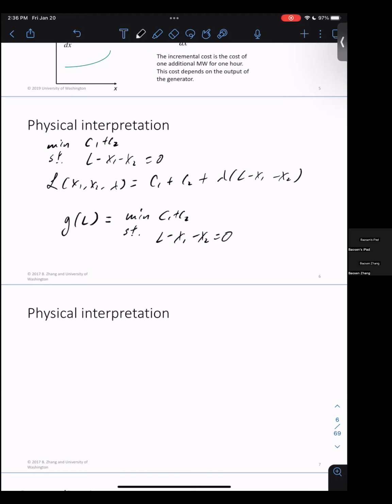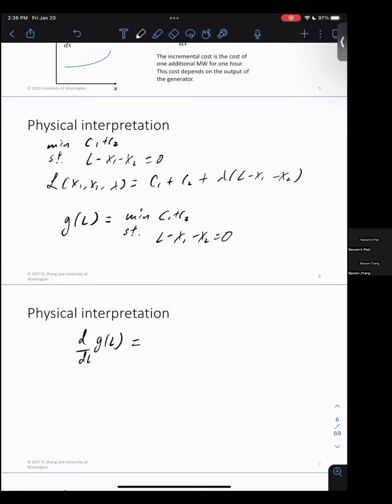If I change my total load, how does the optimal cost change with respect to total load? If I increase the load by a little bit, how much does the cost go up? By lambda.